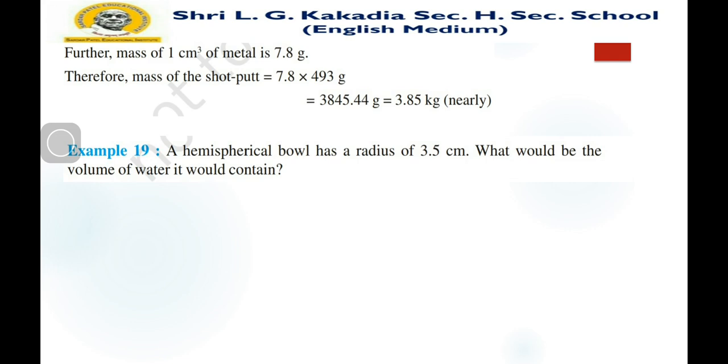So we have to find the capacity of this bowl, meaning the volume of this given bowl, and the radius is given 3.5 centimeter. We know that the bowl is the shape of a hemisphere. So first we find the volume of the hemispherical bowl, and it will be equal to the capacity of the bowl.